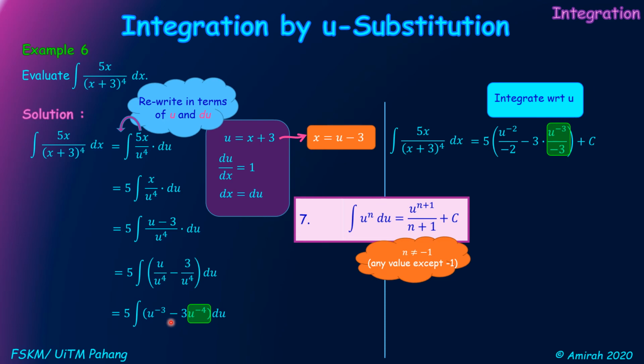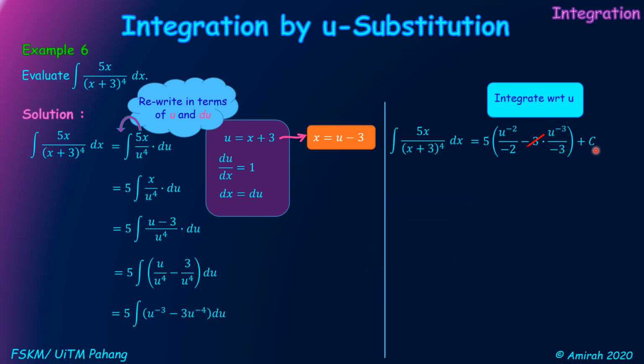We still have the -3 constant here, and 5 outside the integration sign. Then after we finish integrating, we must put plus c at the end, because this is an indefinite integral with no lower limit and upper limit.